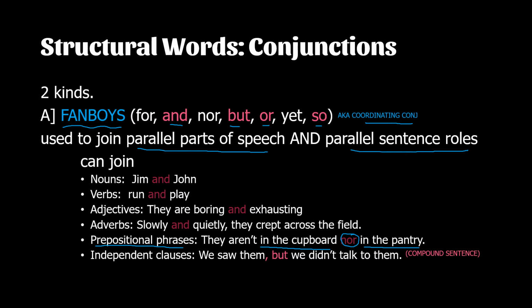And lastly, you can join independent clauses, or another word for a complete sentence, and you can join them with a comma and the coordinating conjunction. We saw them, but we didn't talk to them. If I erase these and put a period here and a capital letter here, I have two independent sentences.